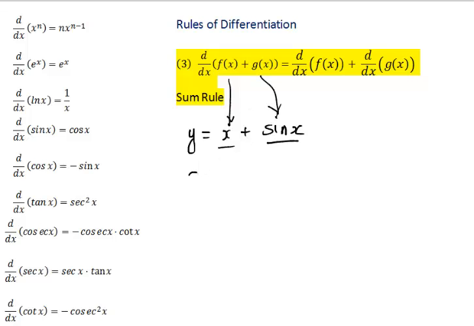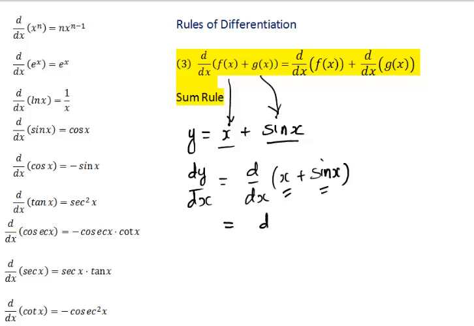And suppose we are trying to find dy by dx, and we can write it as d by dx of x plus sin x, which appears as f(x) plus g(x). Then, according to this rule, we can split it and differentiate x first, then differentiate sin x.